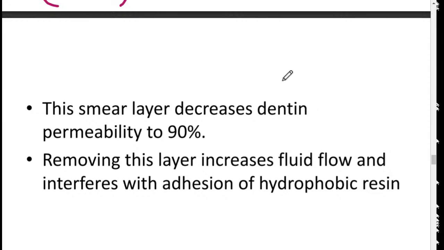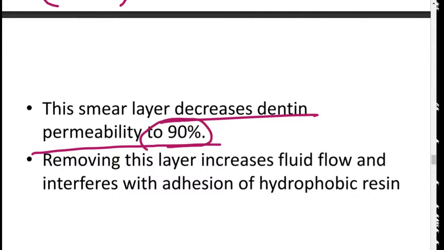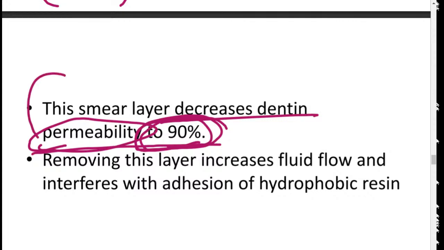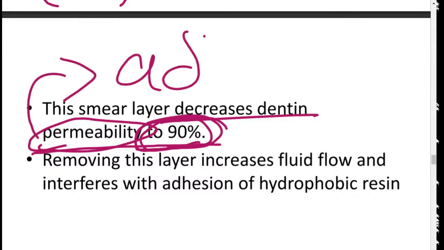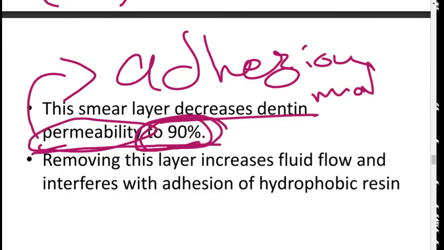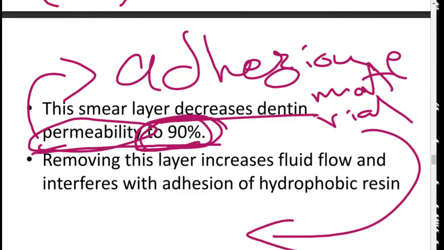This smear layer decreases dentin permeability by 90%. We need the permeability of the dentinal tubule in order for the adhesive material to be inserted in the tubules and make the bonding.